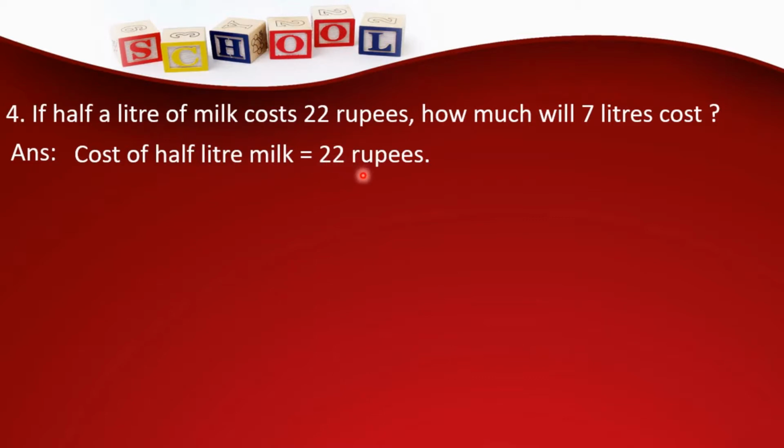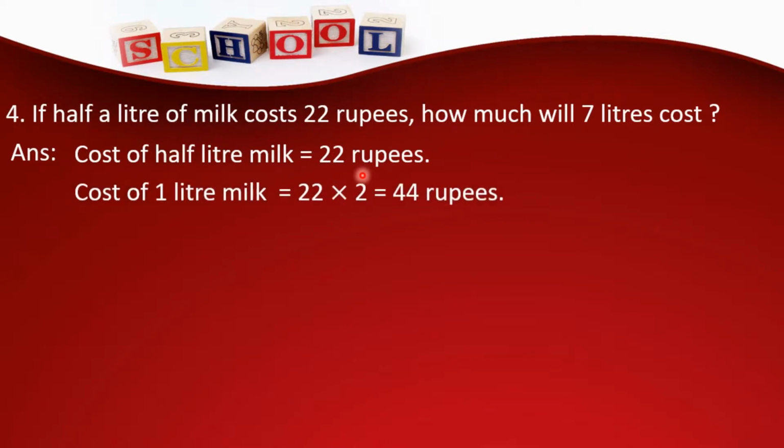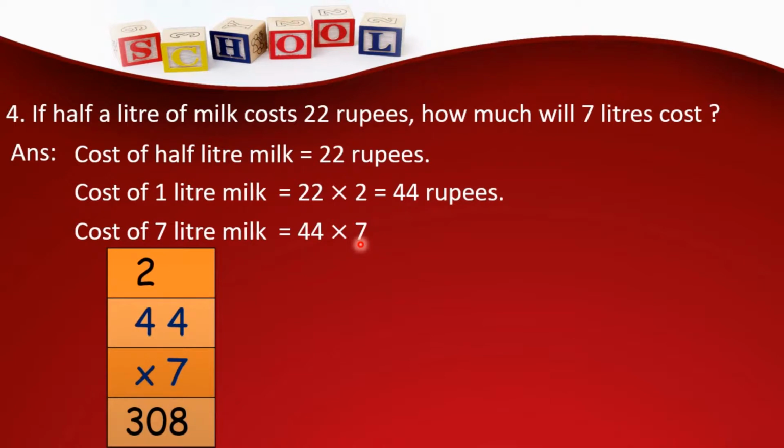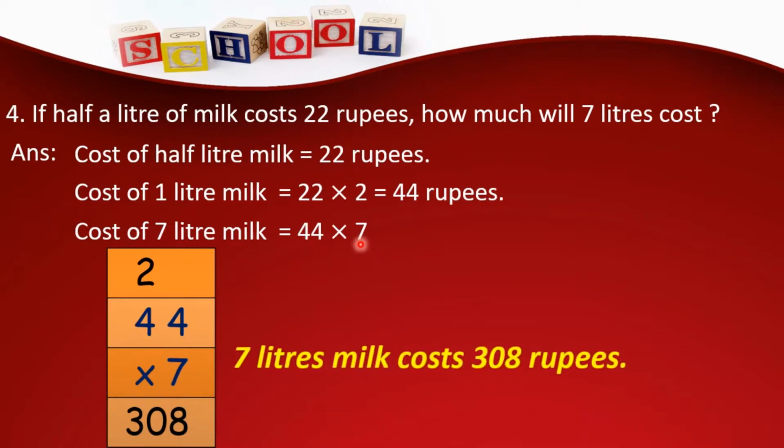If the half liter milk costs 22 rupees, the cost of 1 liter of milk will be 22 into 2, which is equal to 44 rupees. And hence, cost of 7 liter milk will be 44 into 7. So let us do this easy multiplication, and after doing this multiplication we get that the 7 liter milk costs 308 rupees.